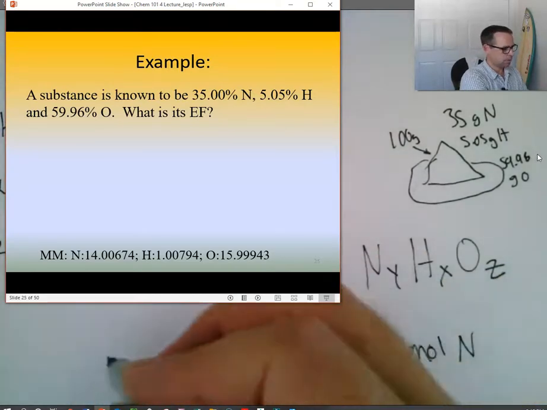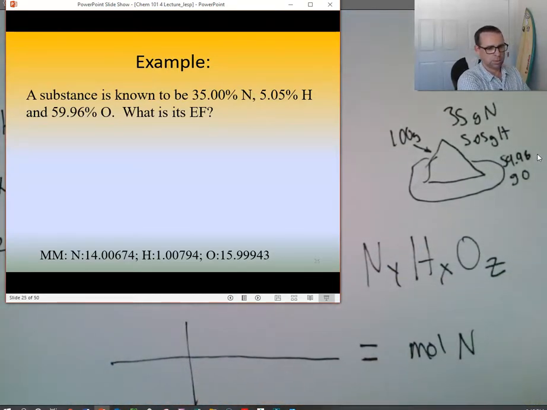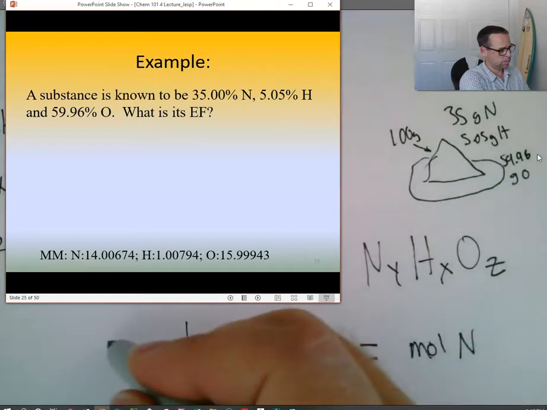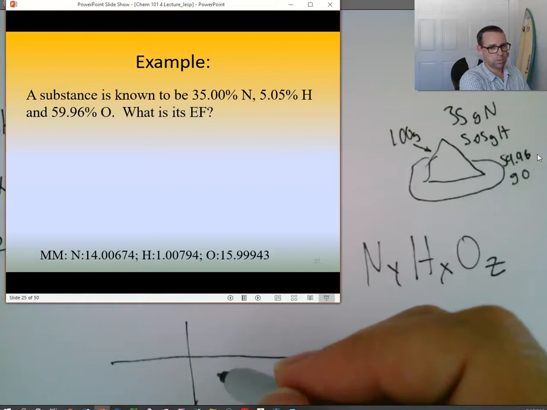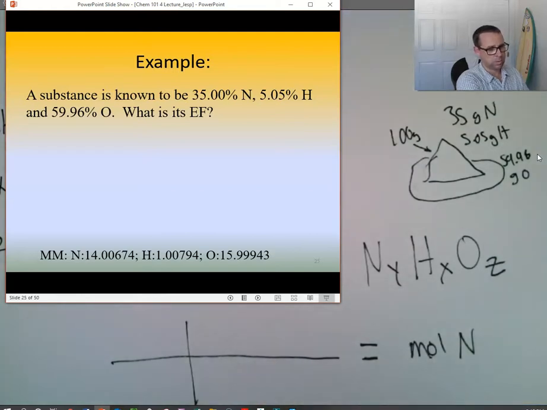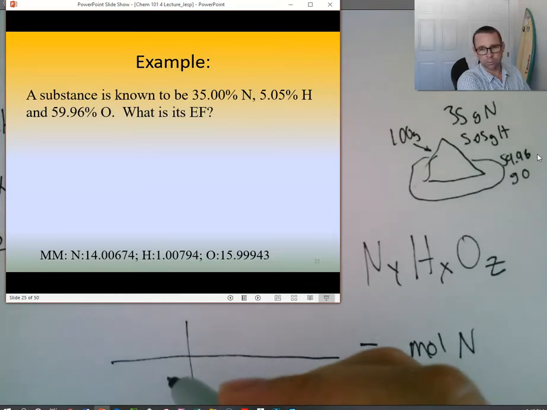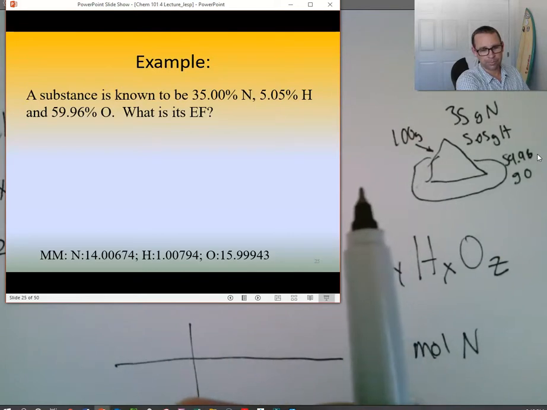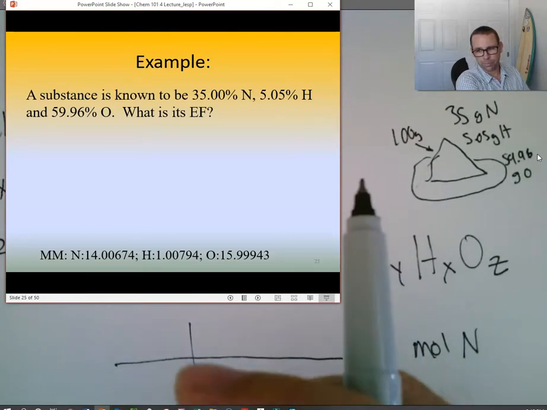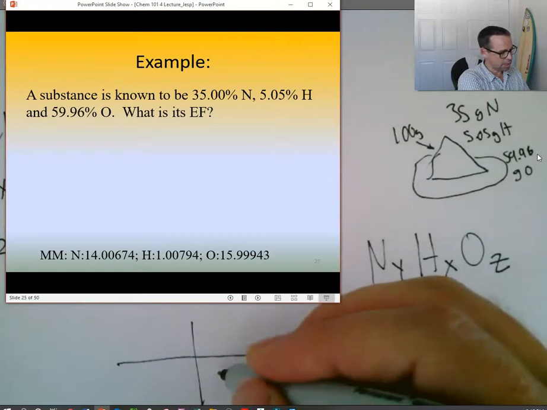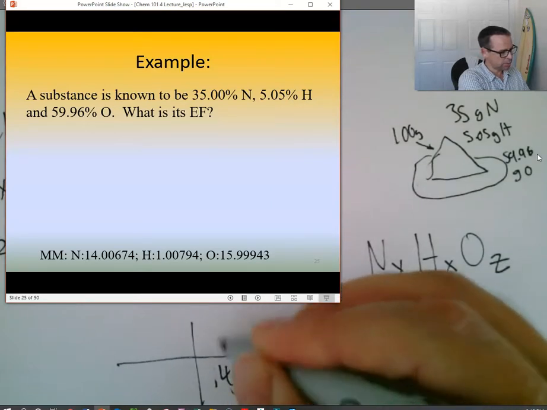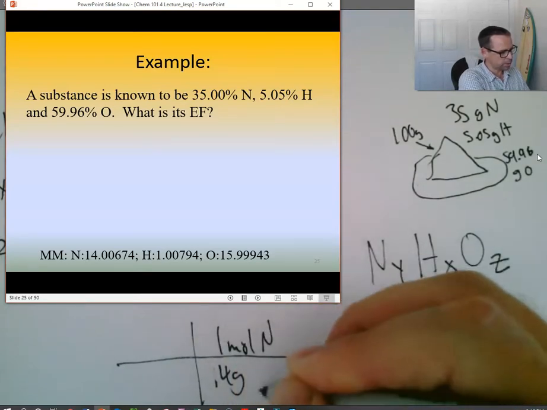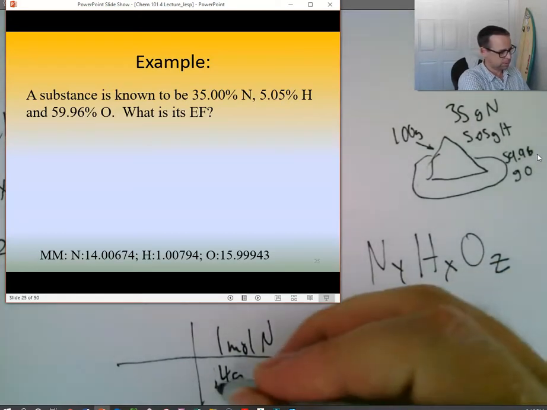We know that we have 14 grams of nitrogen for 1 mole. That's right, and I could use that here: 14 grams for every 1 mole of nitrogen. I'm getting ahead of myself.